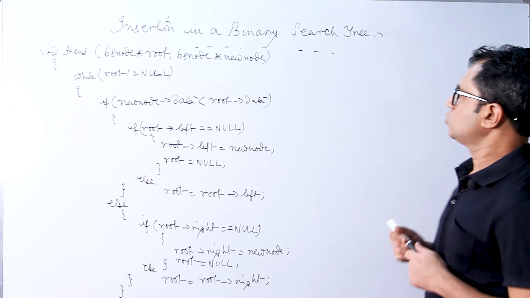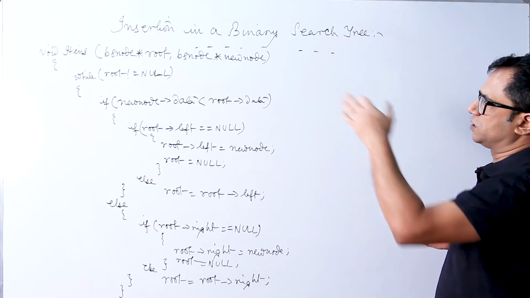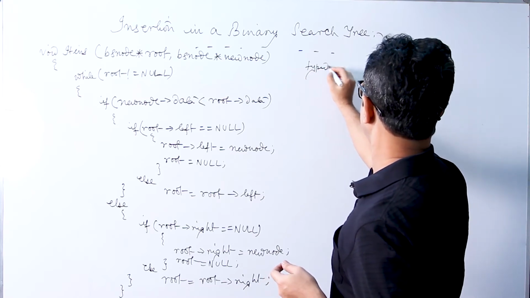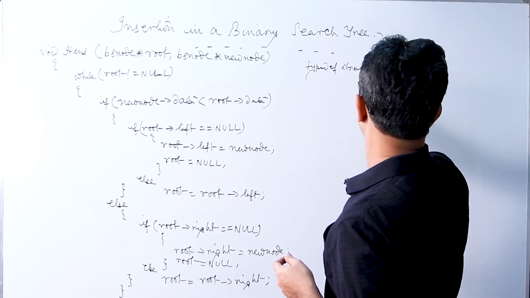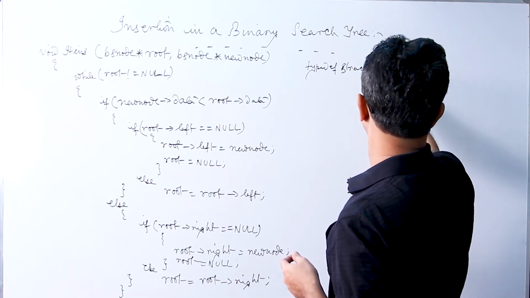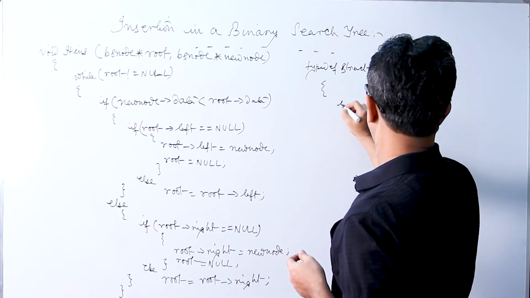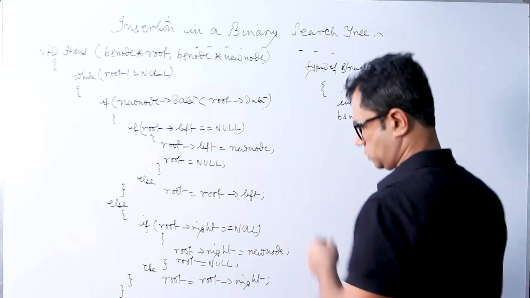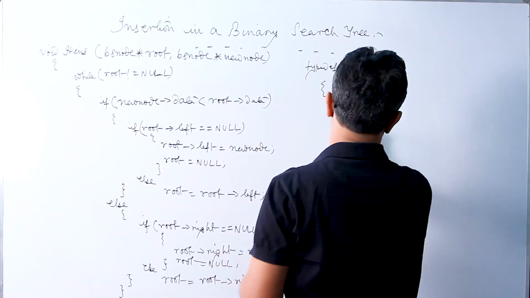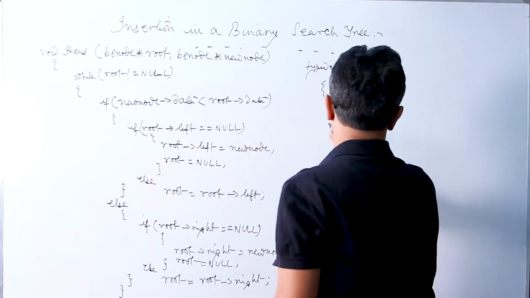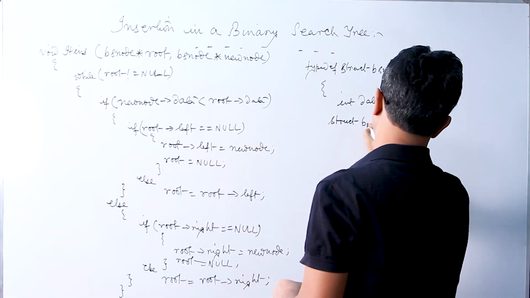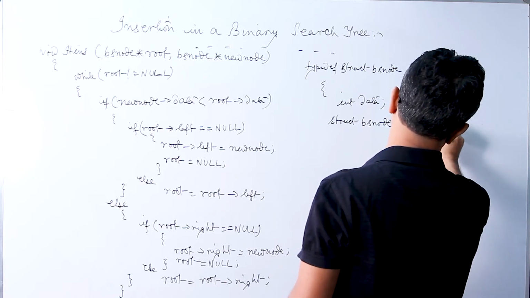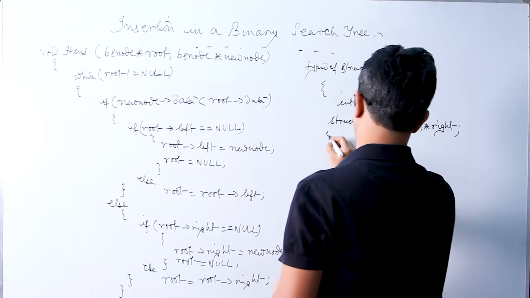Again, we are going to write the structure definition of the binary search tree node, that is: typedef struct bs node { int data; struct bs node *left, *right; } bs node.